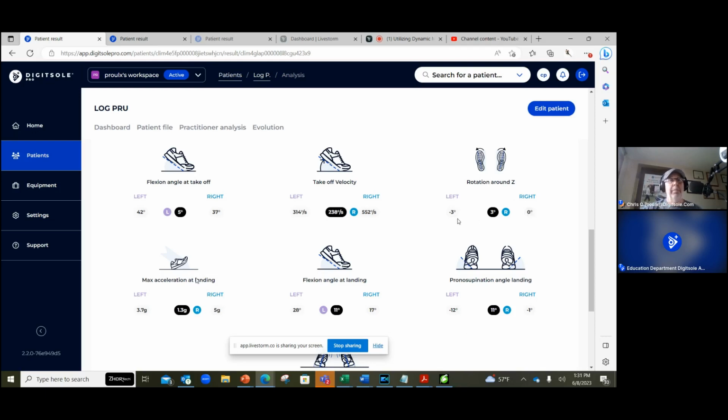Okay. Max acceleration at landing, similar to vertical loading rate, whether you're running or walking, but not exactly strike force, because this is measured in G's. So this is an acceleration at landing. Why G's and not actual force?